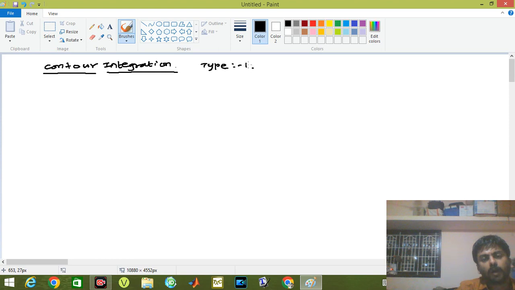Type 1 is for the unit circle, of the form integral from 0 to 2 pi of f of cos theta, sin theta d theta.